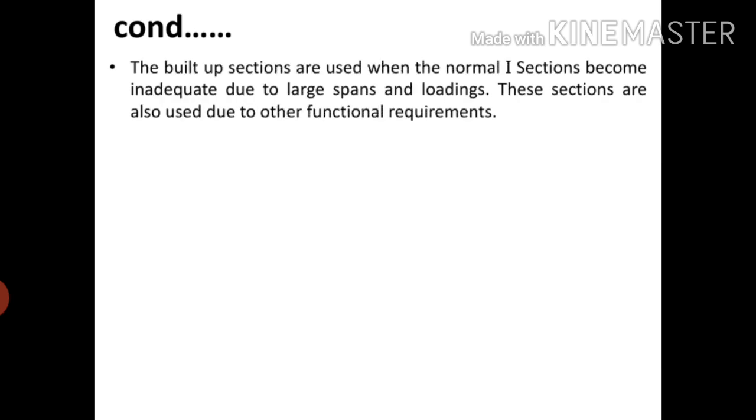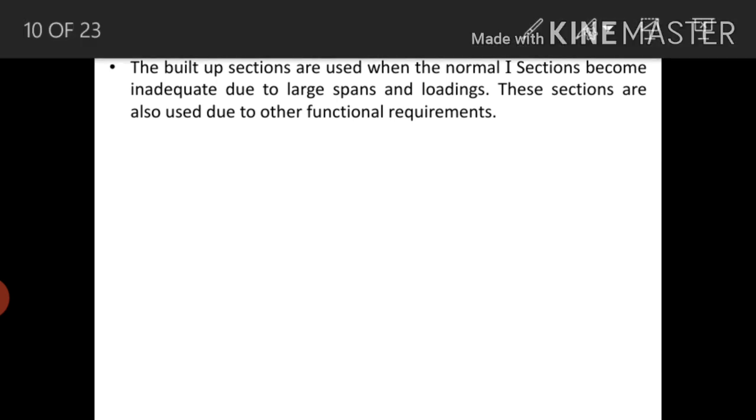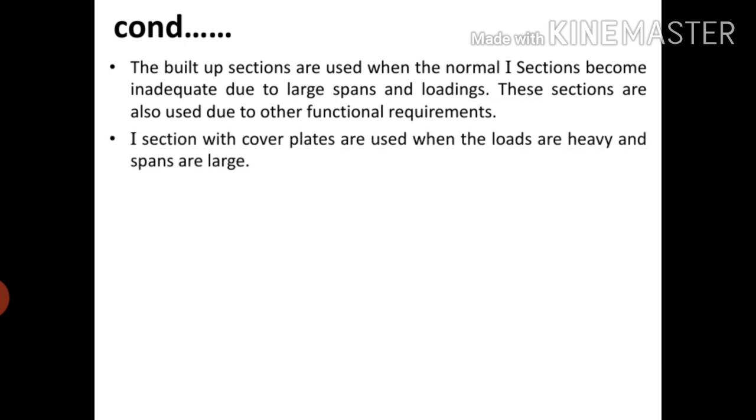So built-up sections are used when the normal I section becomes inadequate due to large spans and loadings. These sections are also used due to other functional requirements. Then I sections with cover plates are used when the loads are heavy and spans are large.